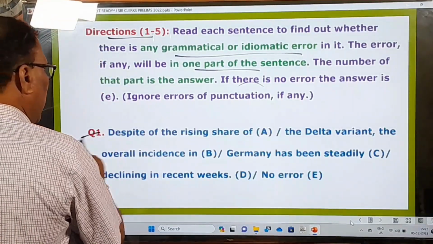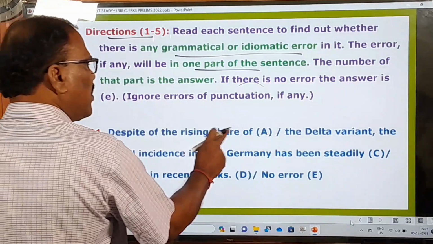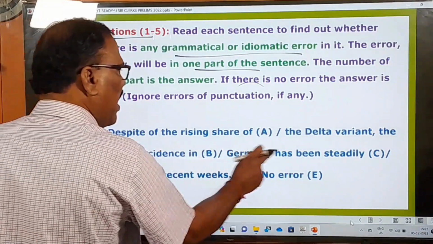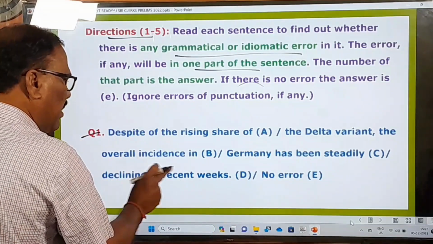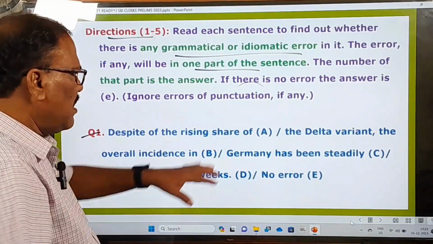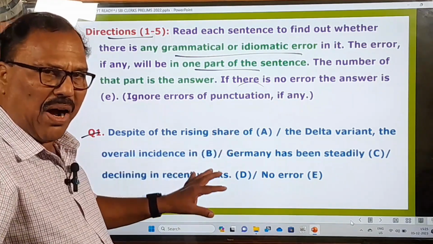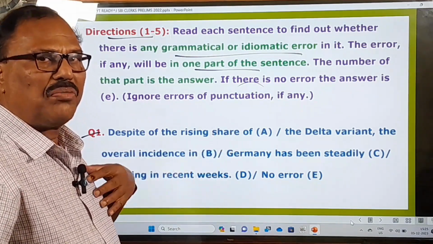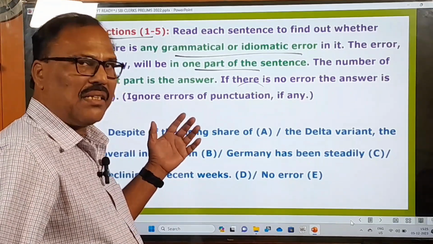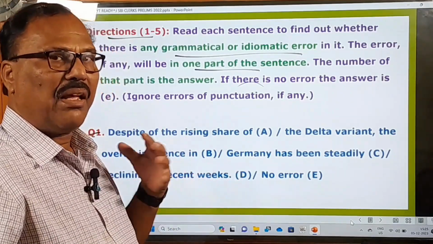Question number 1. Despite of the rising share of the Delta variant, the overall incidence in Germany has been steadily declining in recent weeks. And no error, you know very well. In this sentence, 5 parts are given, and we have to choose that part of the sentence that has a grammatical error.